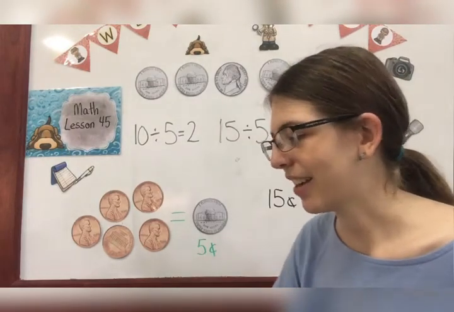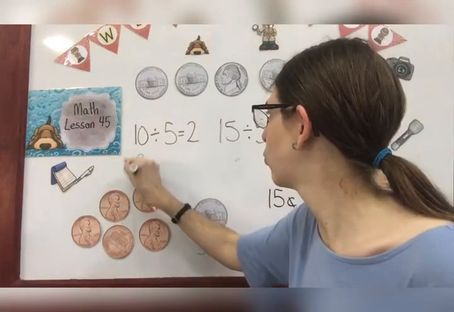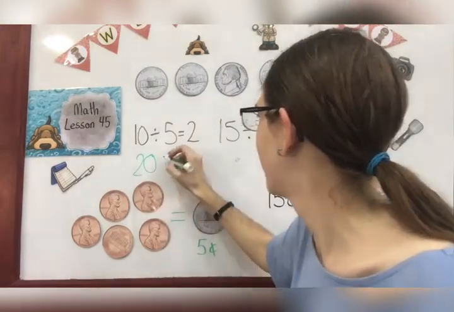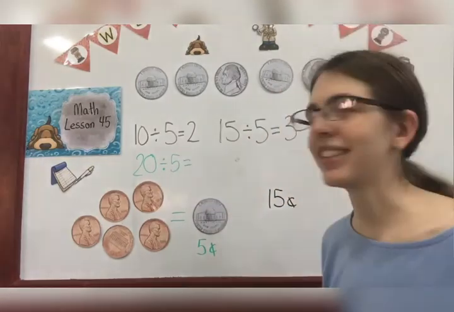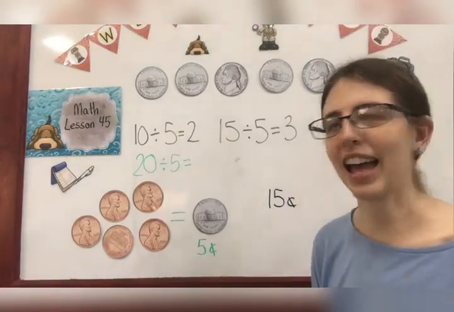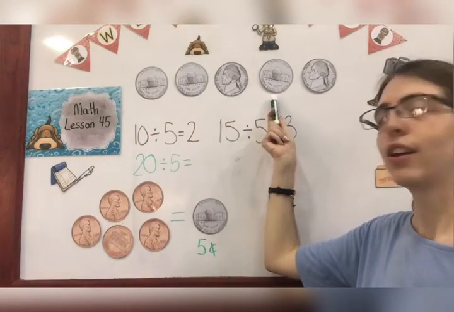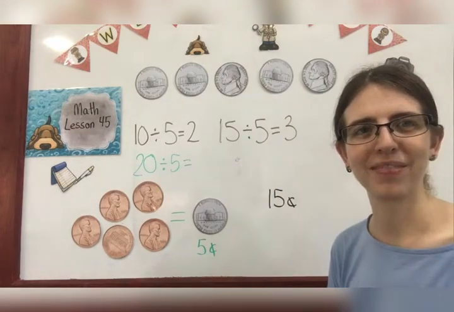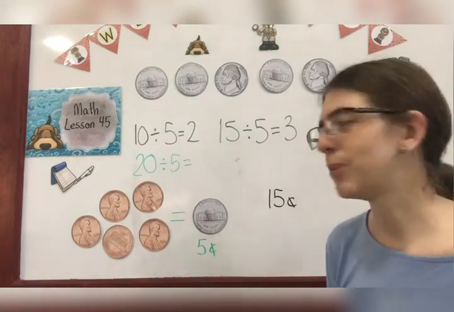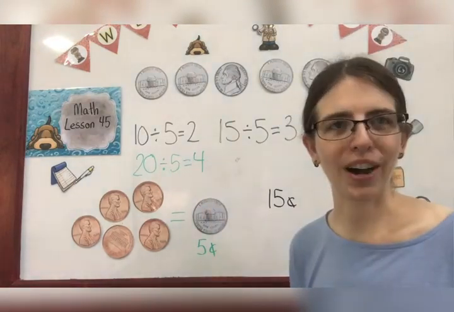Letter C is 20 divided by 5. So let's count to 20 by 5s. 5, 10, 15, 20. I stopped right there. How many groups was that? 4 groups. So 20 divided by 5 is 4.